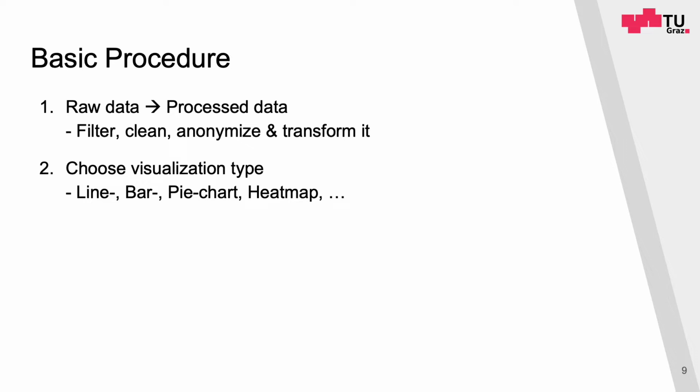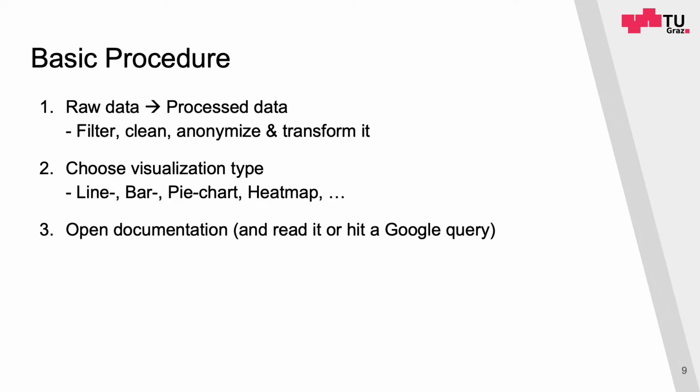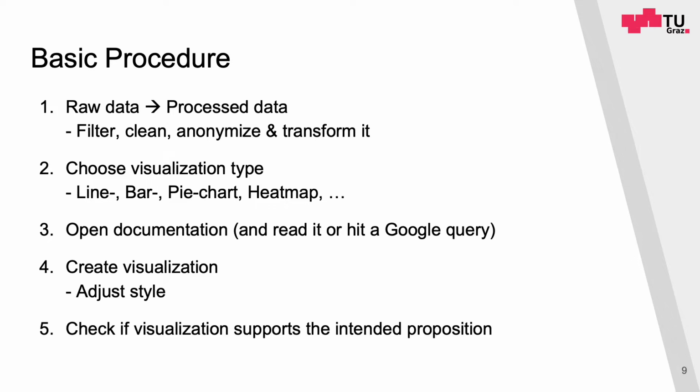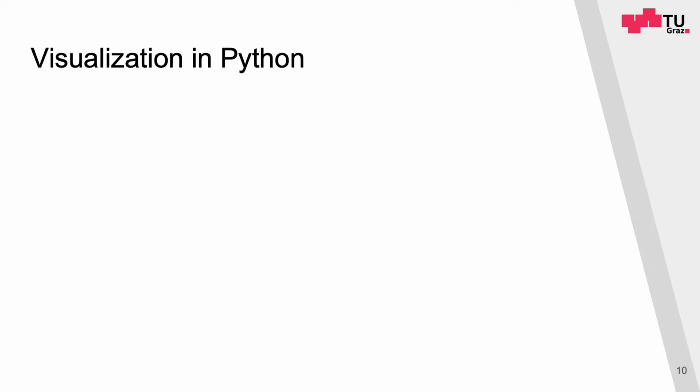For example, a line chart, a bar chart, a pie chart, or a heat map, and so on. Third, we need to open the documentation for the visualization type and read it or hit a Google query. And then we can create our first visualization and then continue with the adjustment of the style. And as a last step, we can check if the visualization supports the intended proposition.